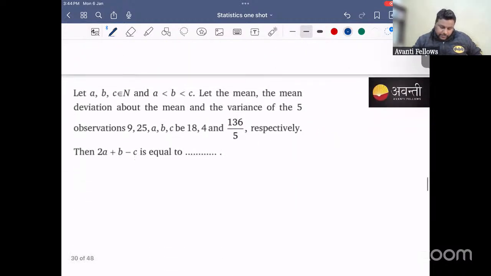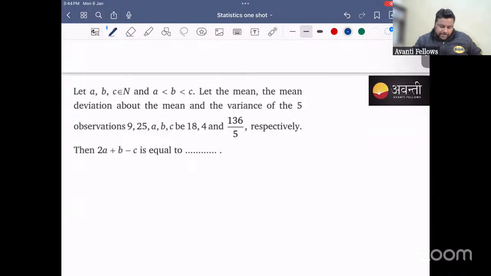Now, let's go with another question. Let a, b, c belong to natural numbers and a less than b less than c. Let the mean, the mean deviation about the mean, and the variance of the 5 observations 9, 25, a, b, c be 18, 4 and 30 respectively.